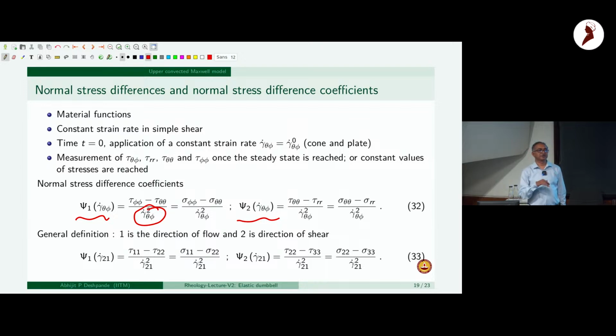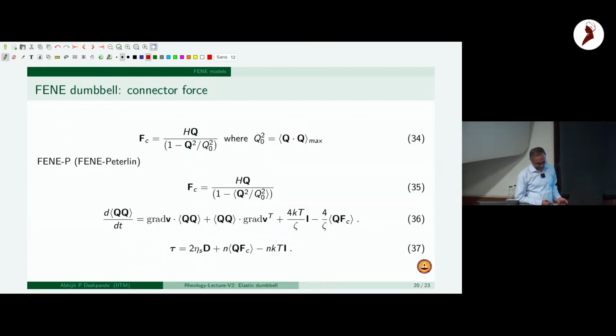So according to the upper convected Maxwell model or Oldroyd model or elastic dumbbell model, psi1 is a constant. Just like saying that for the simplest model of fluid flow behavior, the Newtonian fluid, viscosity is constant, here we have a normal stress coefficient which is constant. And for most viscoelastic materials, psi1 is a function of strain rate itself, and so it varies and is not a constant.